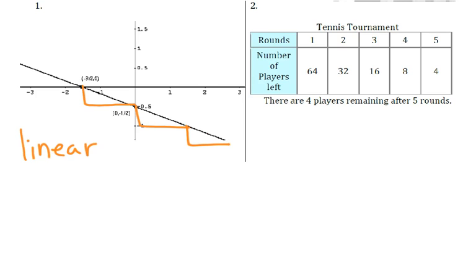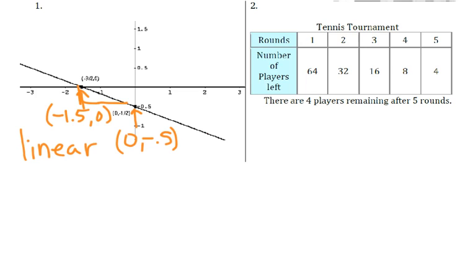Now these numbers aren't the easiest to deal with, right? But if we turn them into decimals, we've got negative 1.5, 0, negative 0.5. So basically, as this goes down a half, it's going to the right 1.5.